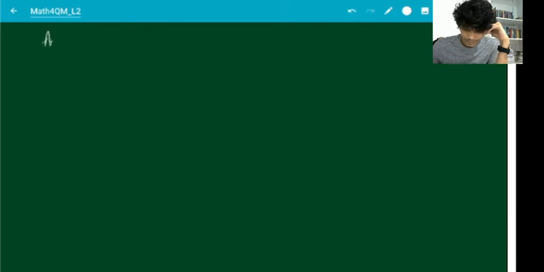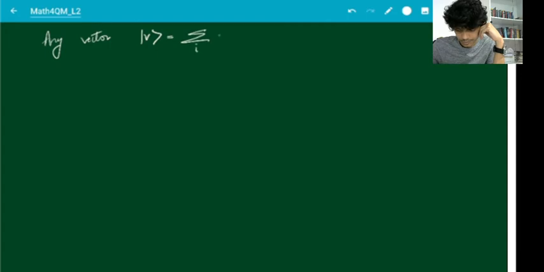Any vector v, I can write in terms of its components. So I can write this as sum of vi times i, where these i's are the basis vectors.